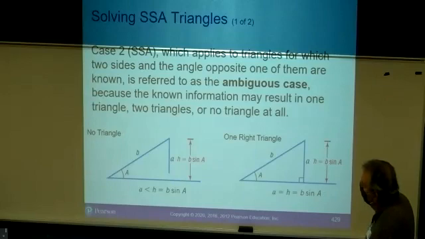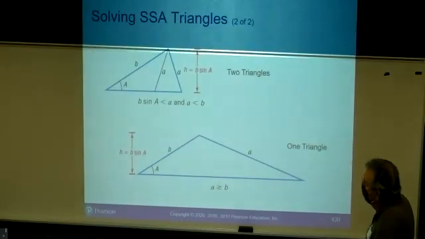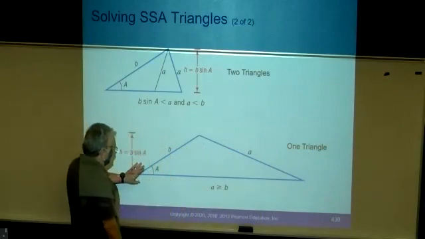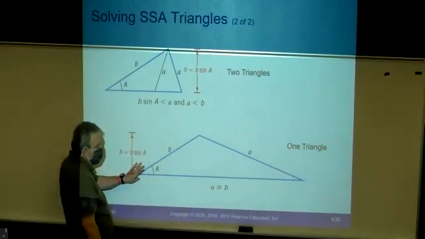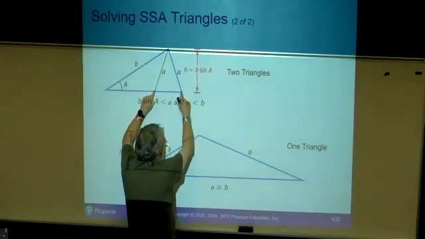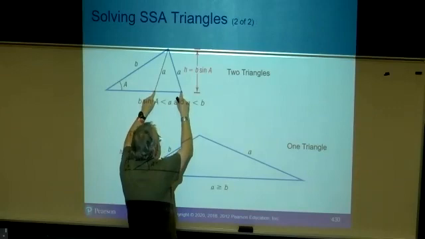And then the third situation is you wind up where A is long enough to hit the other side, but not at a right triangle. Then you either wind up with this situation where it's an obtuse triangle, or you wind up with this situation where A is long enough to hit the other side, but it's also short enough that it hits the other side in two places.